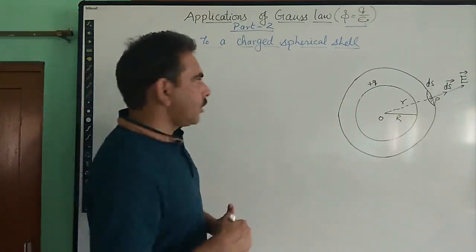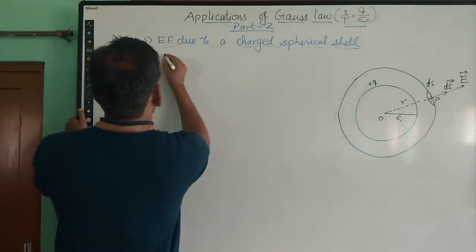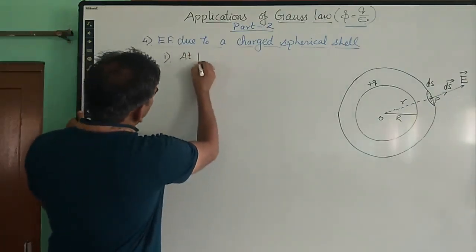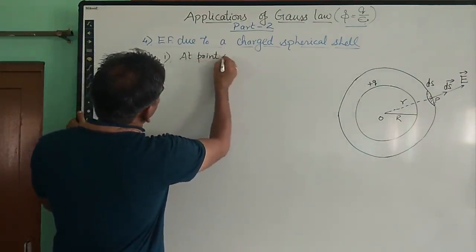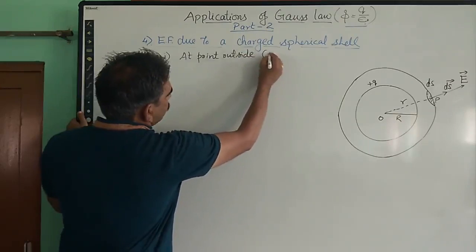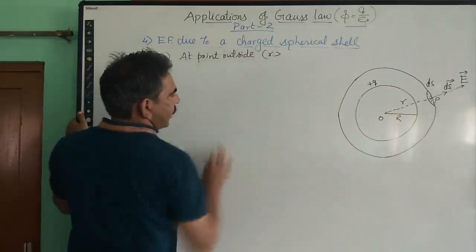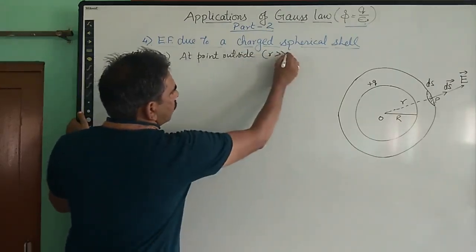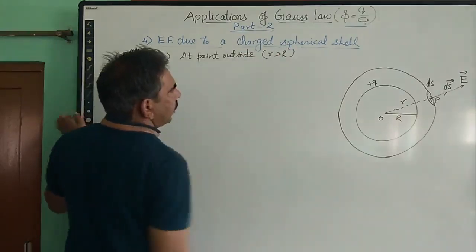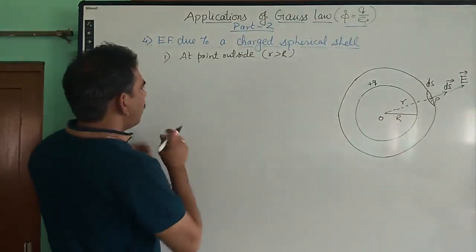In the first case we are finding the electric field at a point outside, so the radius of the Gaussian surface is more than the radius of the given spherical shell.